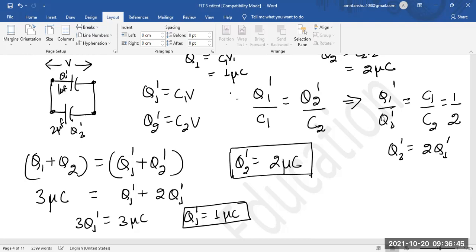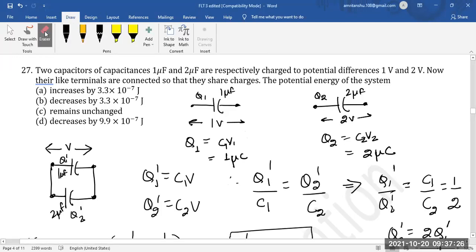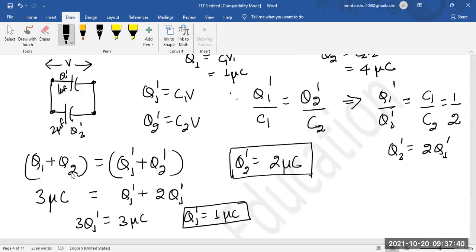Just a second. I'm sorry, I just made a mistake. This is going to be C2 into V2, which is 4 microcoulombs. Instead of 2, it's going to be 4. So Q1 plus Q2 is, instead of 3, going to be 5 microcoulombs. Just make some changes over here.